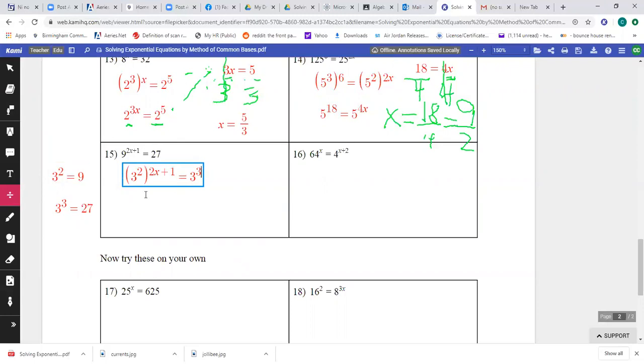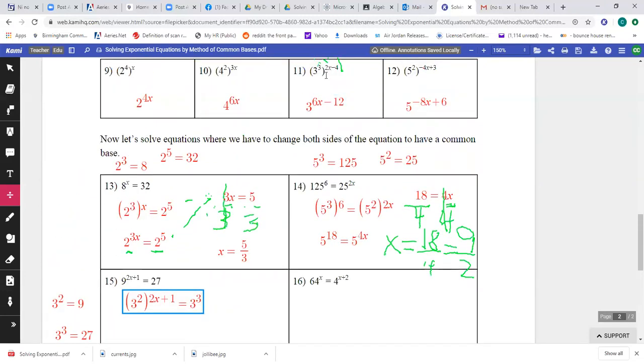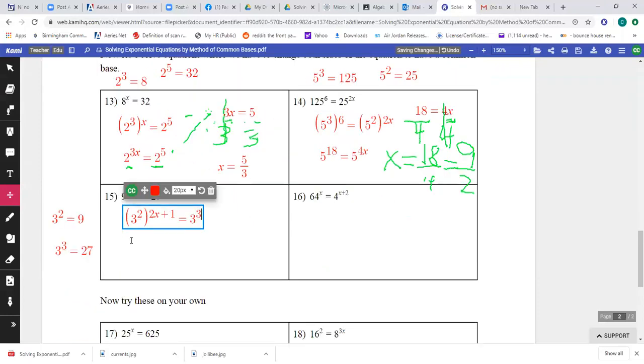Now, I know the next step is to multiply the exponents if you have power to a power. So this is why we practice distributing here, like number 11 and number 12. We need to distribute that 2 inside here. So this is going to be 3 to the 4x plus 2. And this is going to be equal to 3 to the third.